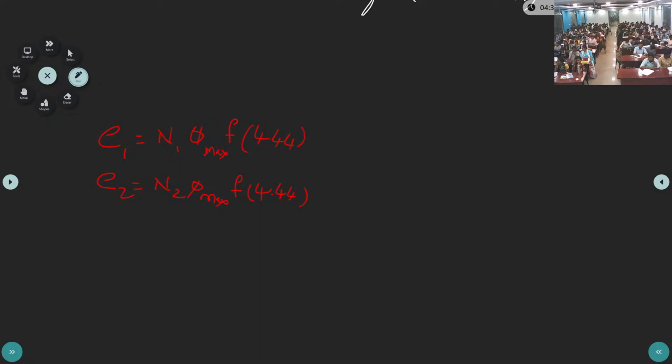Now can I get E2 by E1? What is the value of E2 by E1? E2 by E1 is equal to N2 by N1. What about the remaining things? They are the same. They get cancelled here: phi max, F, 4.44.